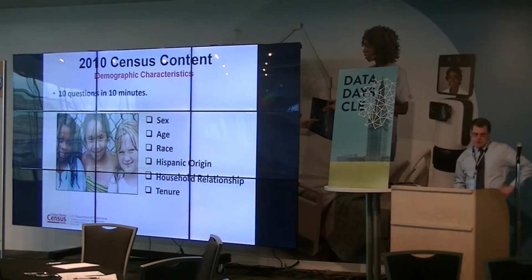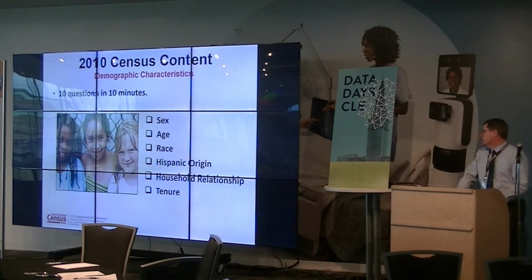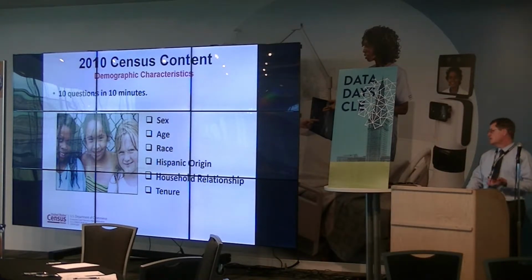Now, we did the 2010 census. We're already gearing up for the 2020 census. Basically, the 2010 census was 10 questions, 10 minutes. We're not going to bother you much. Actually, the 2020 census, I think, you'll be able to respond anywhere, anytime, on a tablet, different things like that.